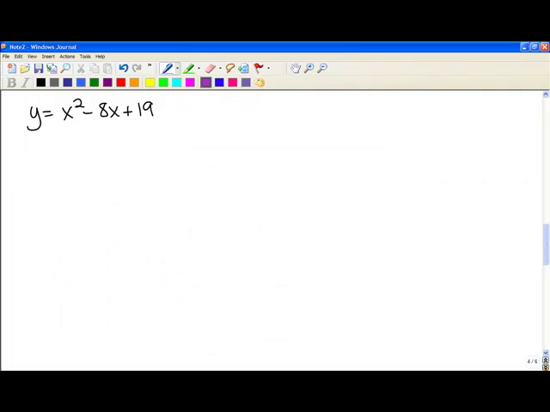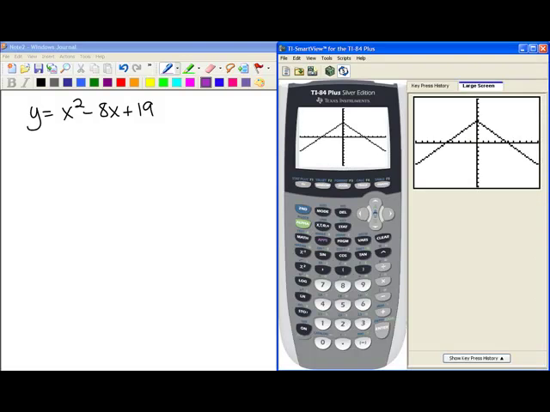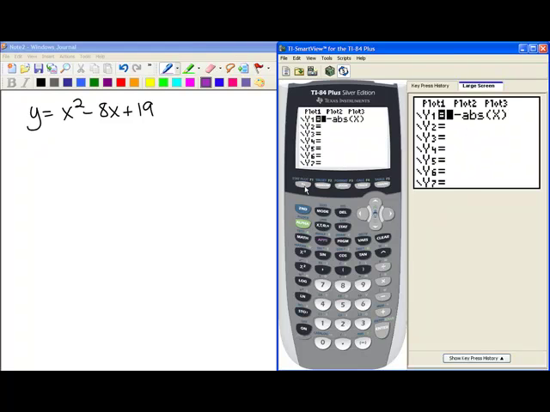Now going on to the next problem, we have y equals x squared minus 8x plus 19. And I'm going to figure out the maximum or minimum and also where it increases and decreases. So the first thing we must do is type this in the calculator to graph it. So it's the y equals button.